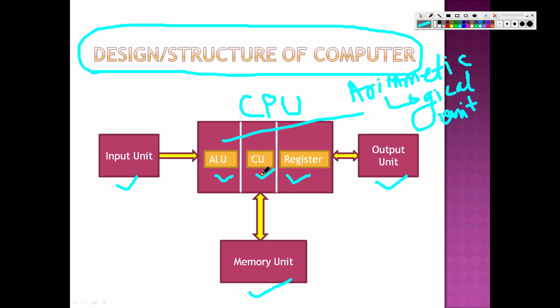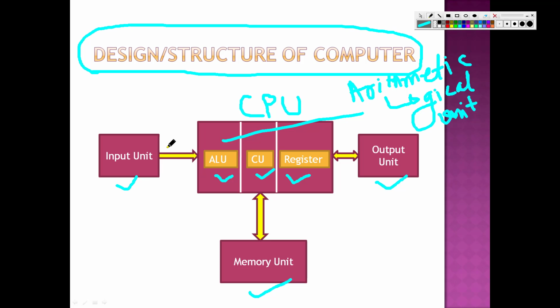Clear? So you have to write these full forms. Maybe they ask what is the full form of ALU, CU. So you should know ALU stands for arithmetic logical unit. CU means control unit. Register is a memory that is used in the CPU.